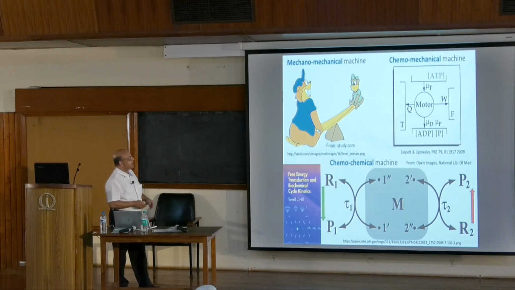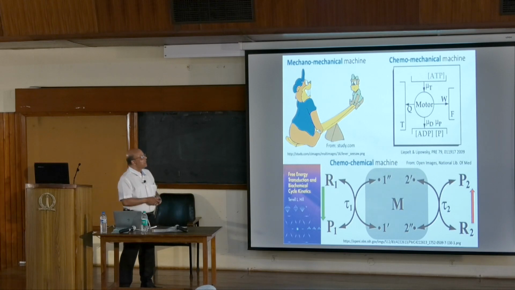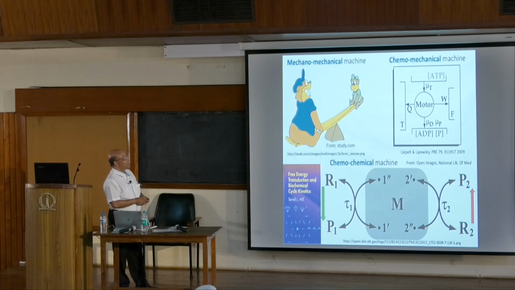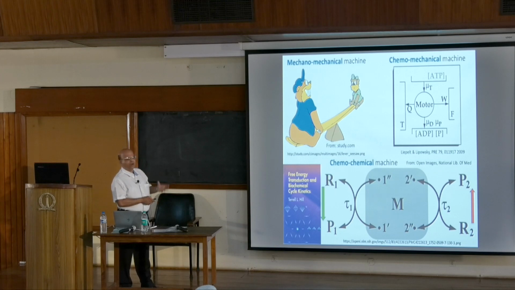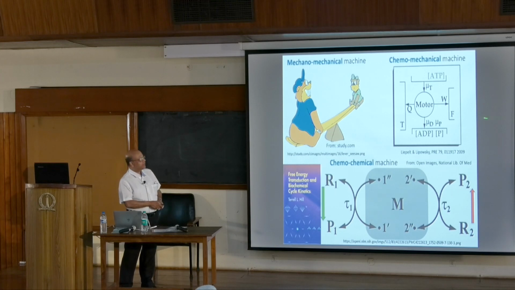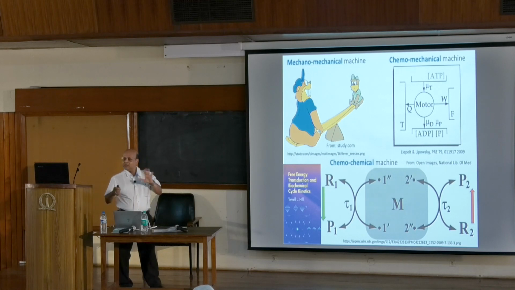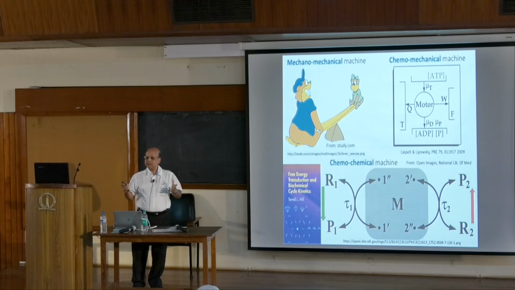What we are interested in actually are chemomechanical machines. These chemomechanical machines take free energy in the form of chemical energy input and do mechanical work. So you have some molecule called ATP, which will go to ADP, diphosphate, and inorganic phosphate. In this process, remember, it is different from the thermal machines that we learn in our thermodynamics courses.